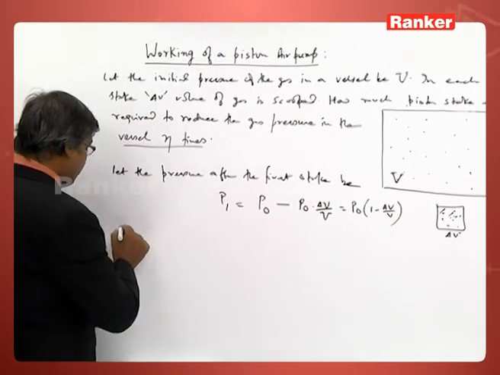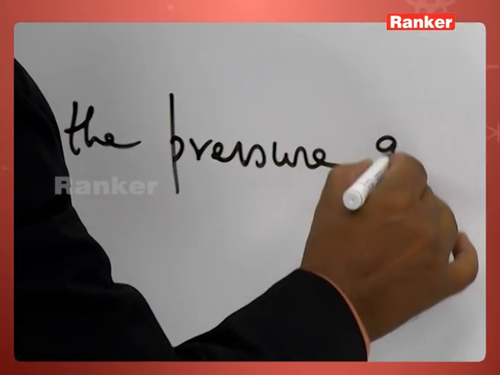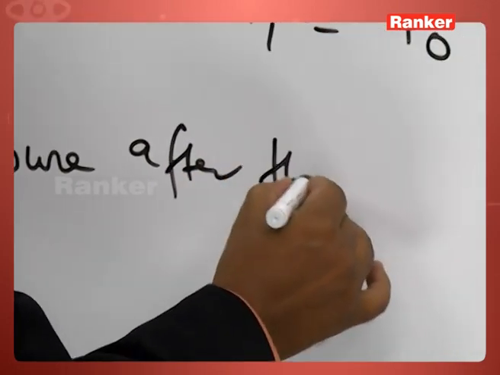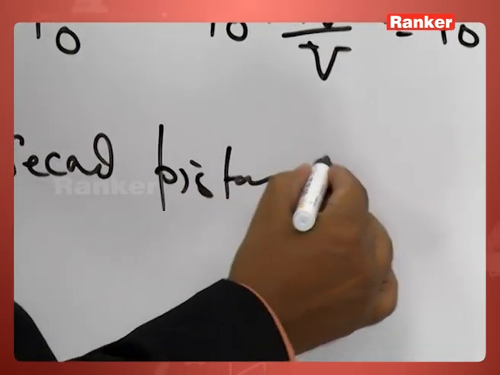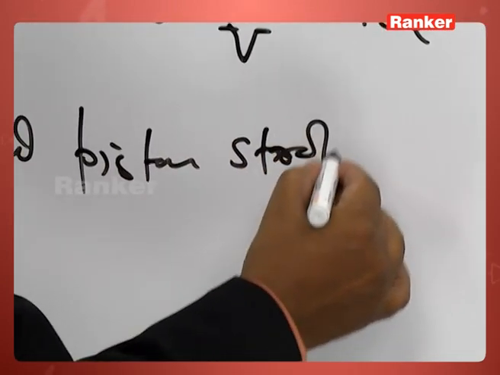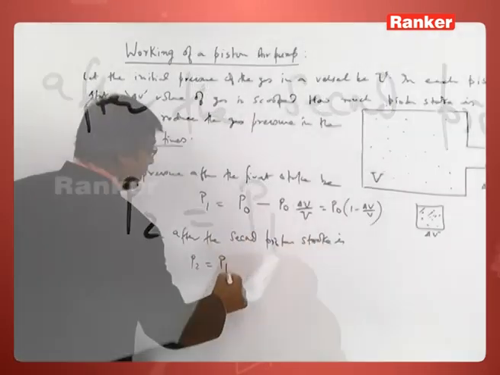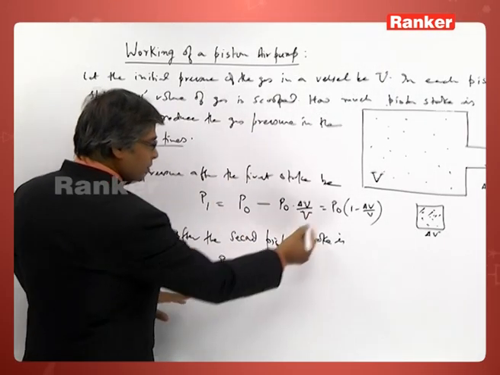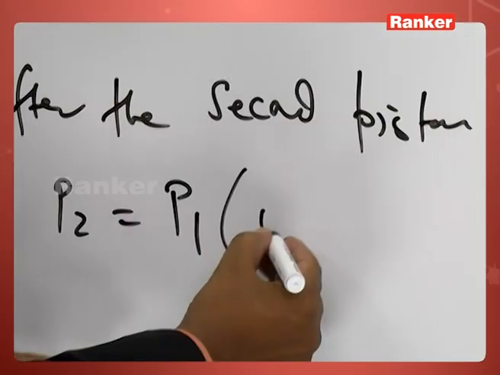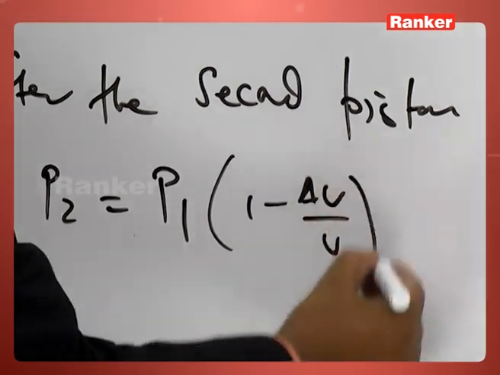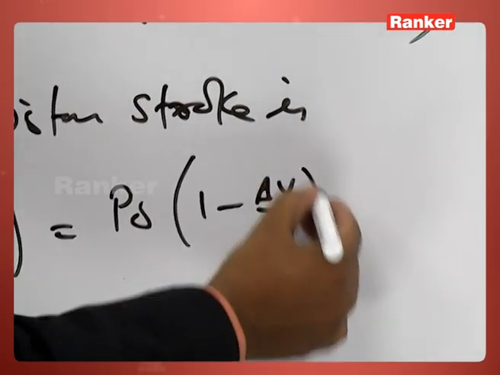Now the pressure after the second piston stroke is P2. In a similar way, P2 is P1 times 1 minus delta V by V. That becomes P0 times 1 minus delta V by V whole squared.